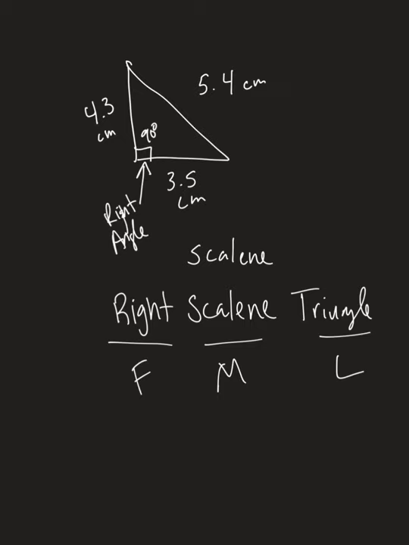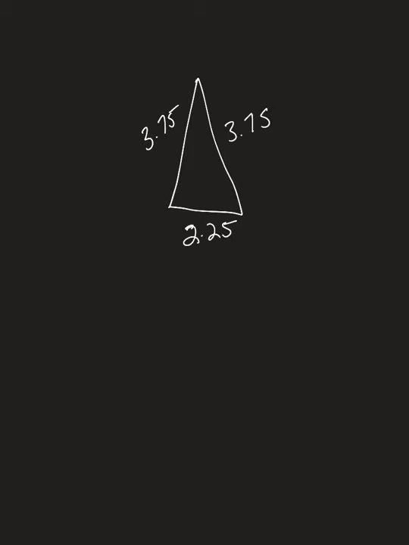Okay? Let's do another one. Now, if I look at this triangle, I know that I have two sides that are the same and one that's different. So I know that this one's going to be isosceles, right?